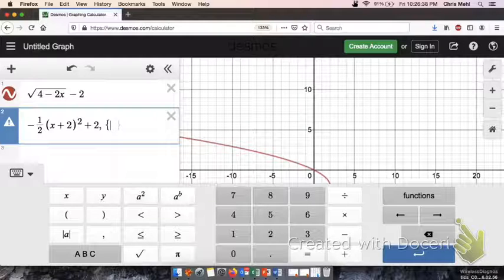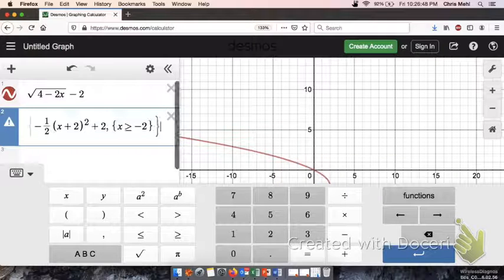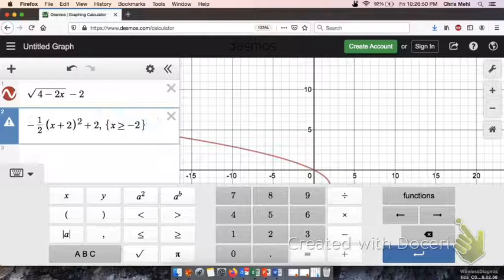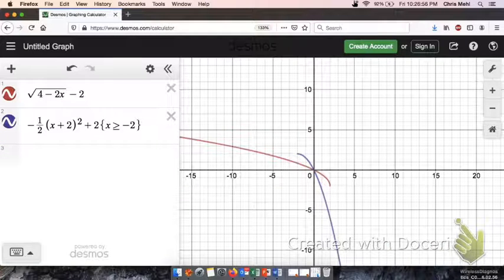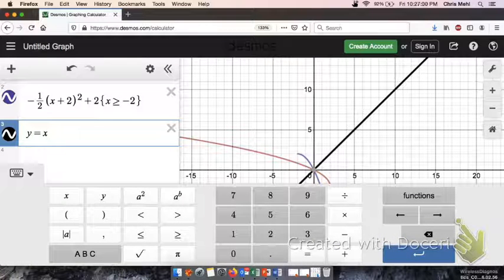I guess the domain is x is greater than or equal to negative 2. There we go. Alright. And then of course, I'll also graph the line y equals x.